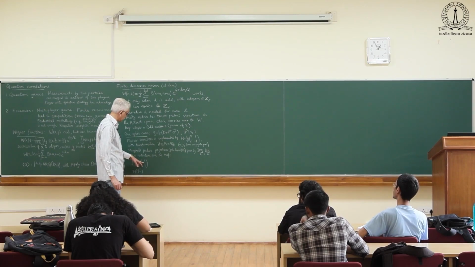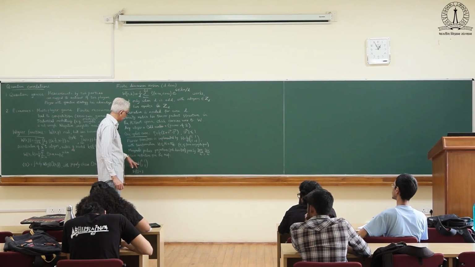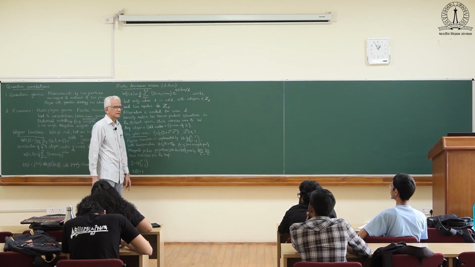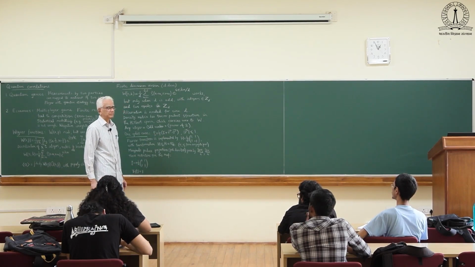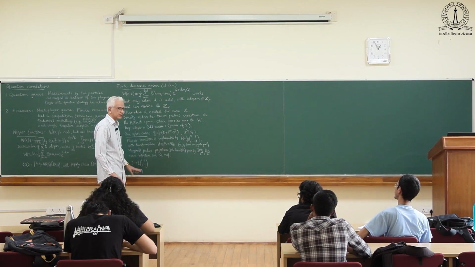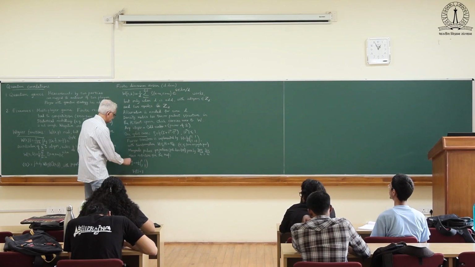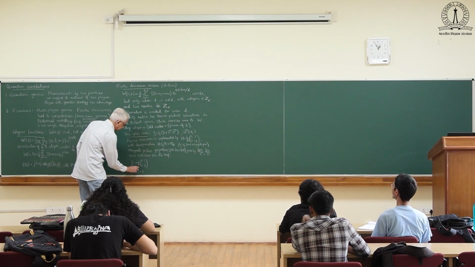If I sum over 4 possibilities, there is 1 half coming from here, 1 half coming from here, and then it balances out. This one doesn't contribute to the trace at all. So this is a normalization.